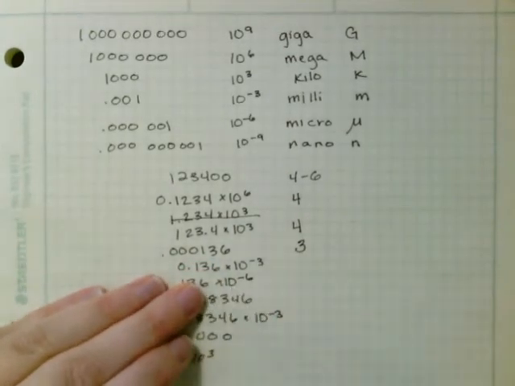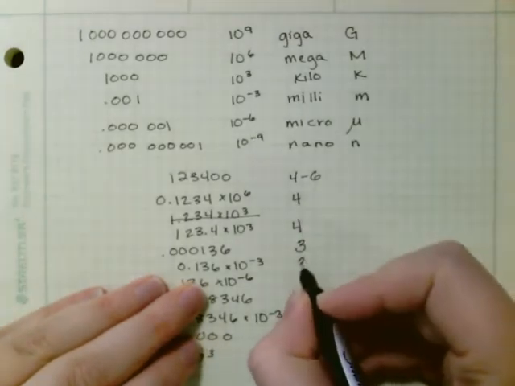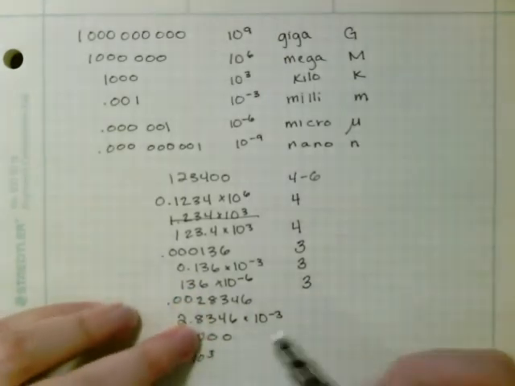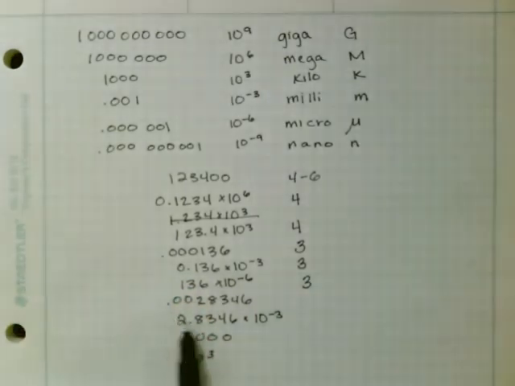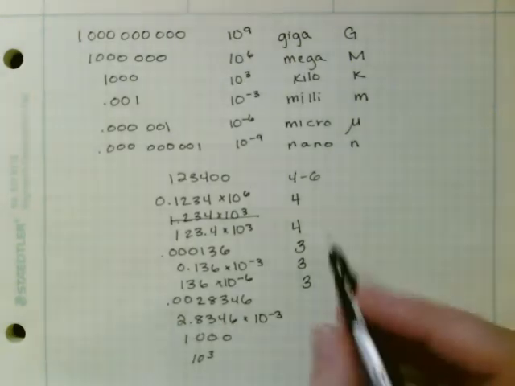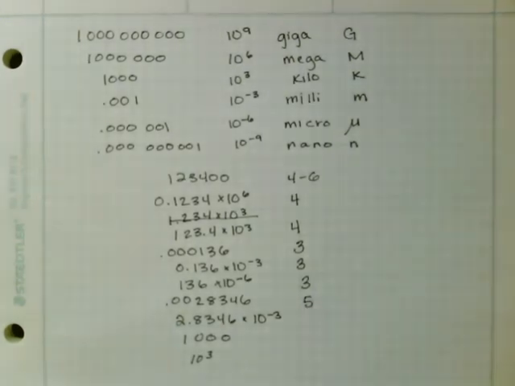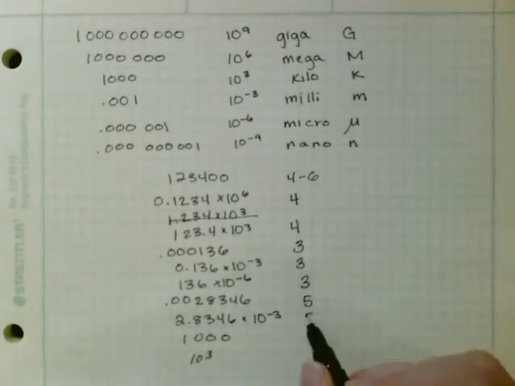We didn't actually need to use scientific notation to prove that. And same here. Now this one, same thing, these 2 zeros are not significant figures. So that means we have 5 sig figs, 1, 2, 3, 4, 5. And then we also have 5 here.